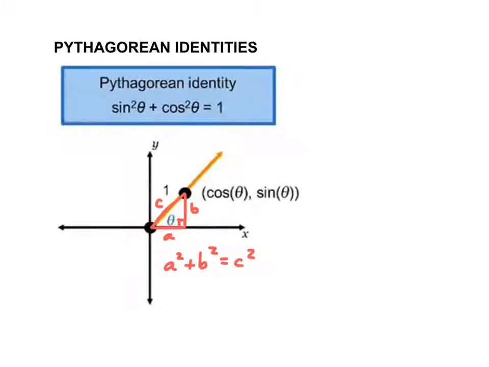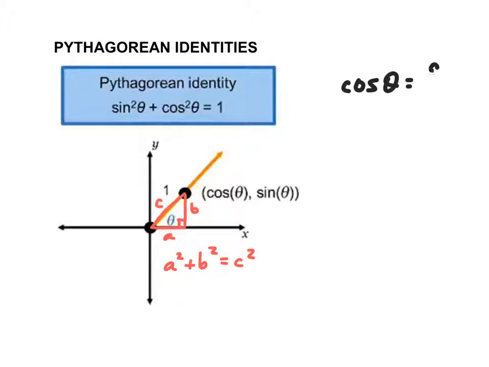And let's do this. First thing I want to do is talk about just sine of theta. So sine of theta, let's do cosine first. So cosine of theta, given my triangle here, is my adjacent side divided by my hypotenuse.